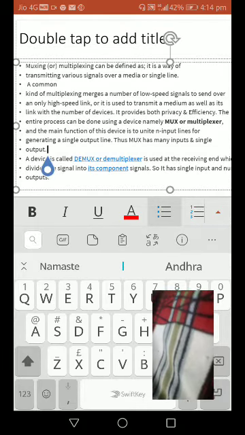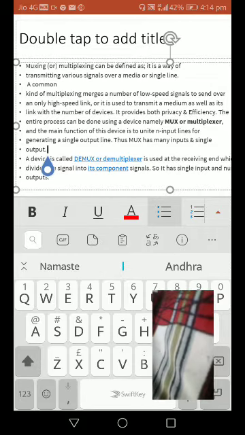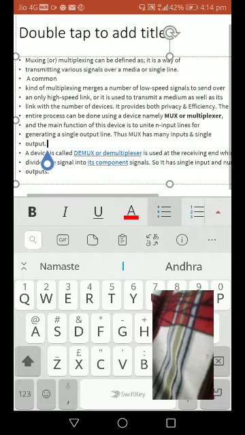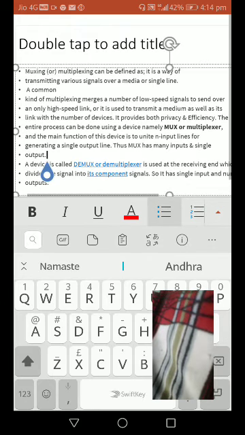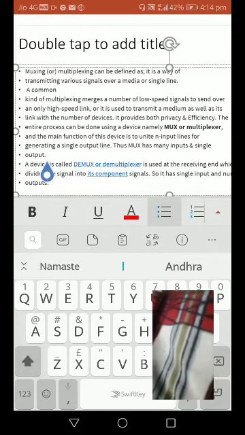Merging means adding two or more signals and sending them over a high speed link.